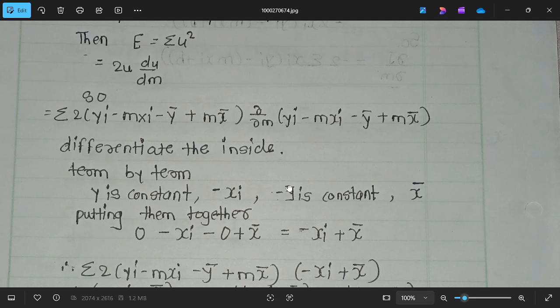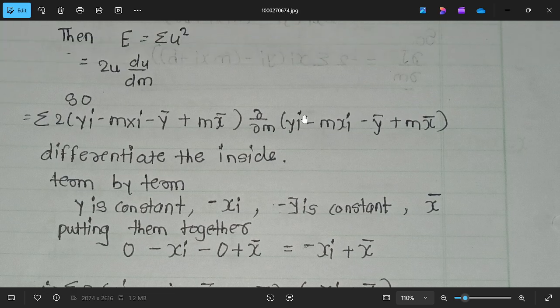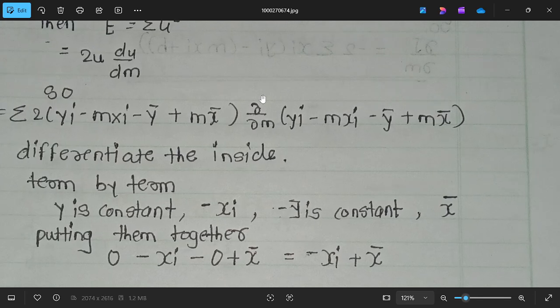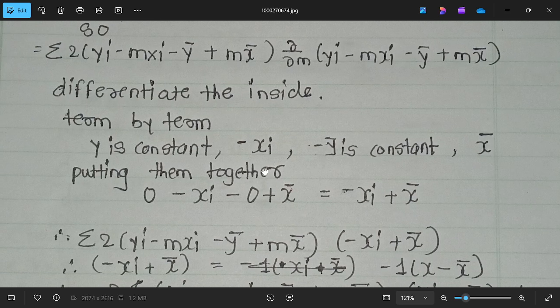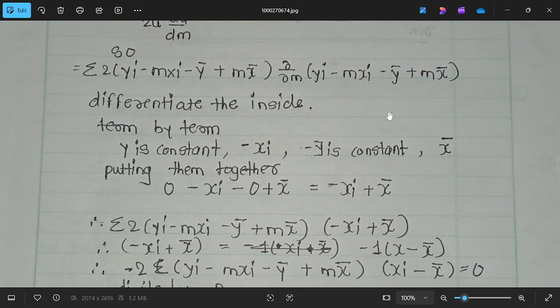Our differentiation becomes this. This is our 2 here, and this is our u here, and this is our differentiation. We have to differentiate it now with respect to m. Okay, so yi is a constant, it does not contain the m, that's why it becomes 0.